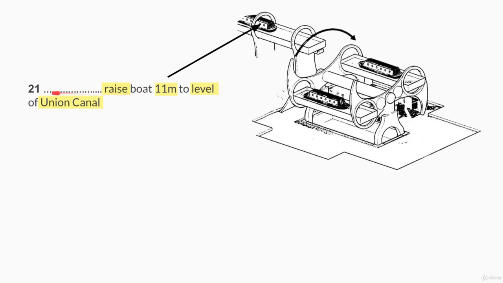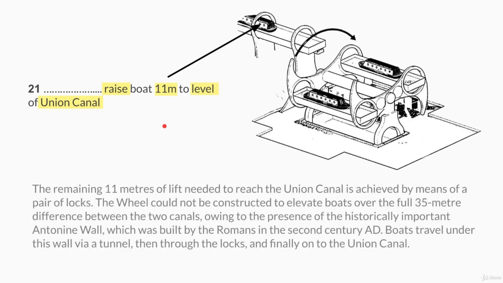That something has to be a noun. So we would come to our reading passage at this point, and hopefully we have located the matching paragraph by this point. Now, sometimes you may not have been able to successfully locate the matching paragraph. If that's the case, that's fine. Just try to look for the best keywords from your question in that case.